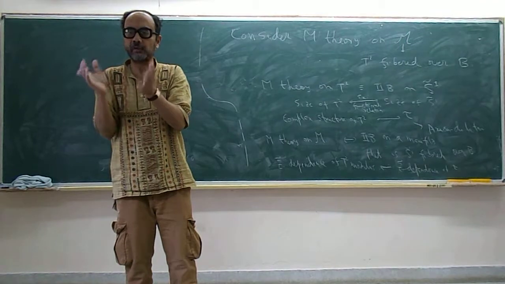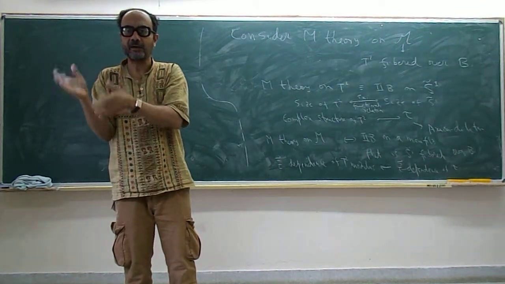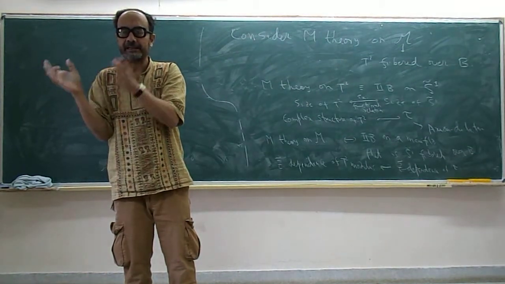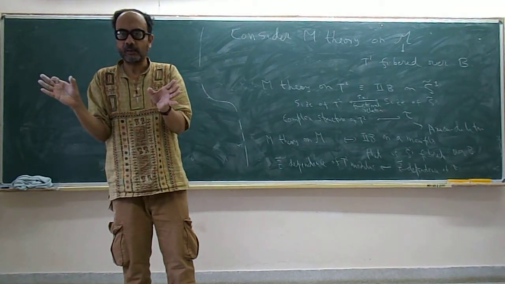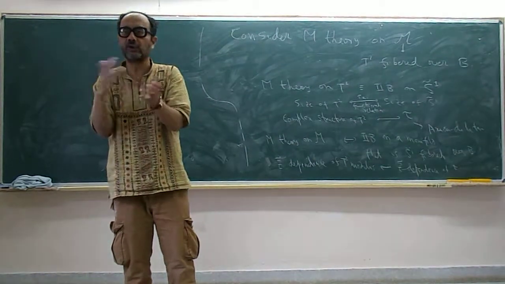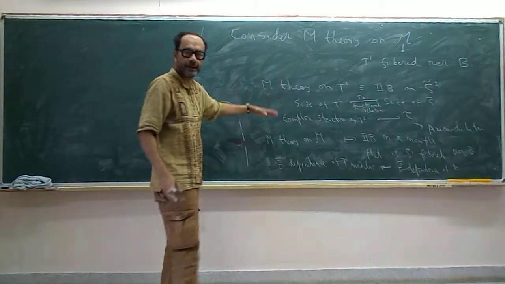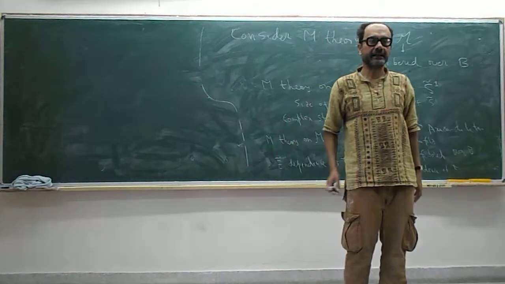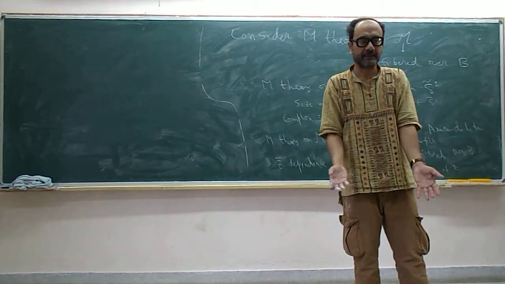So M theory on T2 times flat space time, you can replace by type 2B on S1 tilde times flat space time. Right? So in that regime we are sure that the duality should work this way. Once the space time becomes curved, then the relationships also could become complicated. That's why to apply this argument, it's logically simpler to see by going to a regime where the base size becomes large.